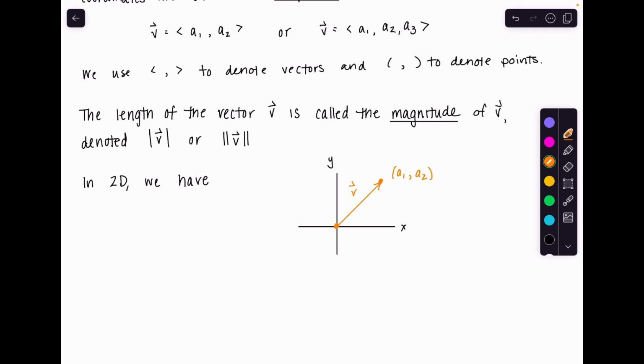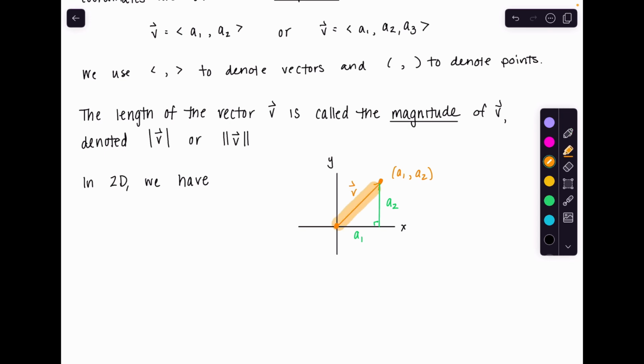If I want the length of this vector, all I'm going to do is make a right triangle. This side length is going to be a2, the vertical distance, and this side is going to be a1. The length of this vector is really the Pythagorean theorem, or the distance between the two points: one side squared plus the other side squared is the hypotenuse squared.